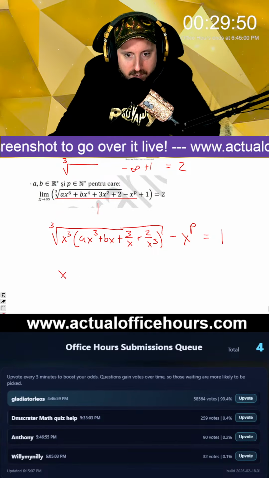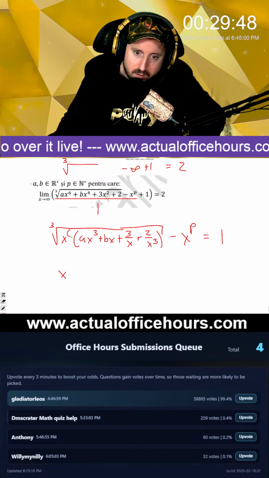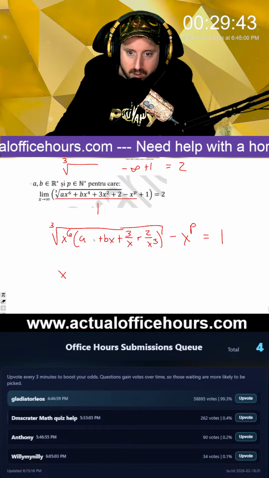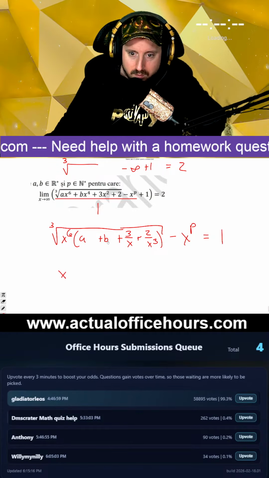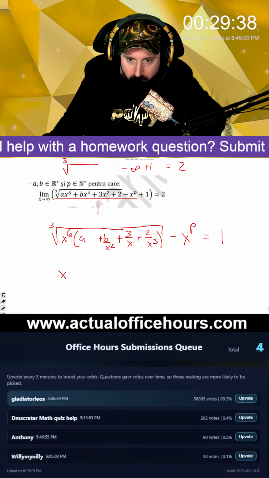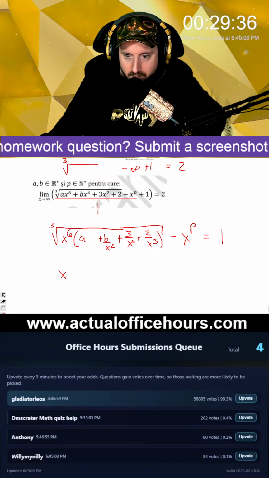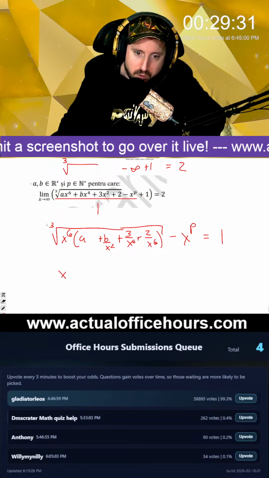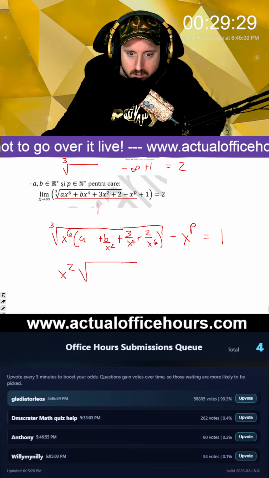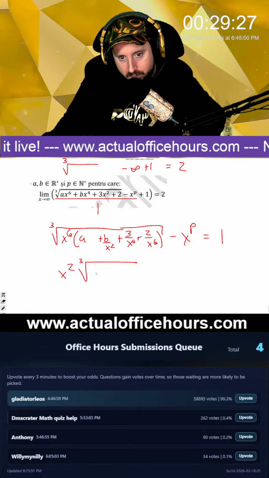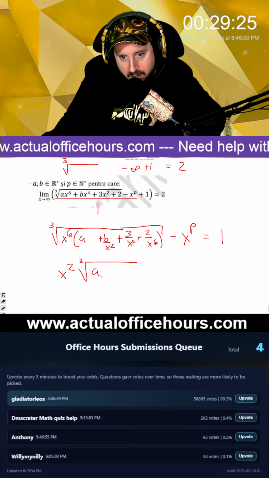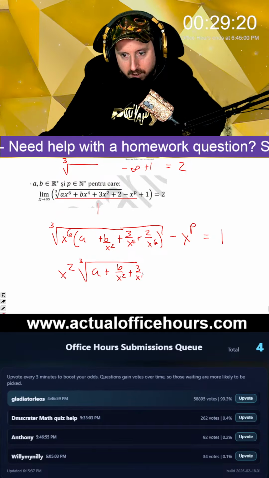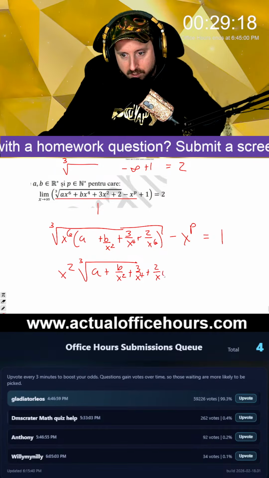And then this would be x... oh, actually, no, wait. Let's pull out x to the 6th. What am I talking about? Let me do that. That's what I wanted to do. So now if I pull this out, I get x squared times the cube root of a plus b over x squared plus 3 over x to the 4th plus 2 over x to the 6th, right?